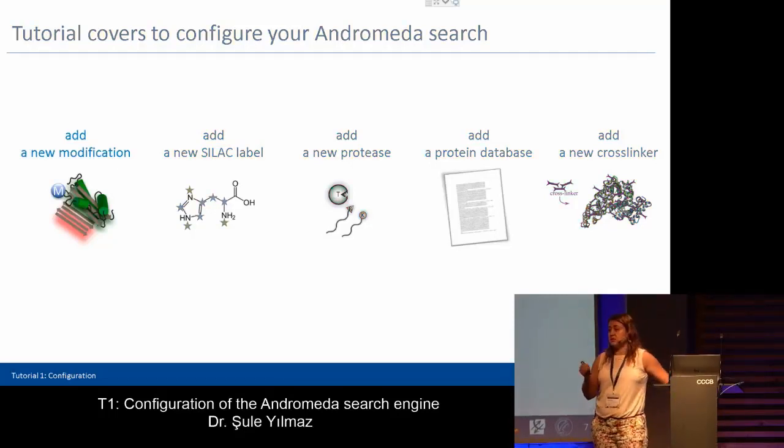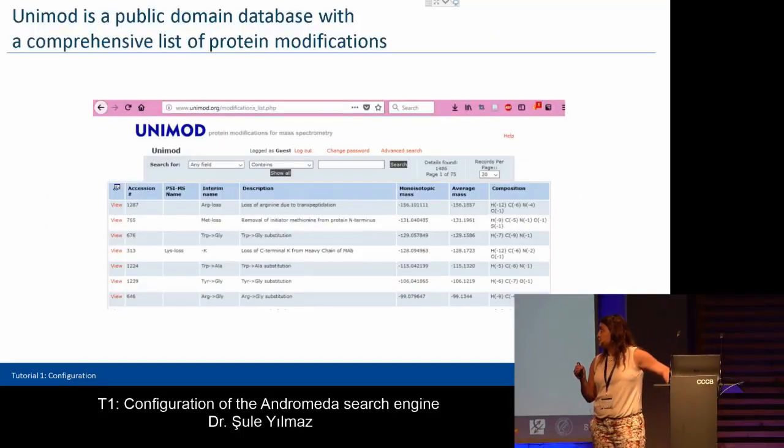So let's start with the new modification. Before we start, there is a good resource called Unimod, and it contains a list of possible modifications. This is the start view when you log in. As you see, there's a short overview, and then we have the accession numbers.